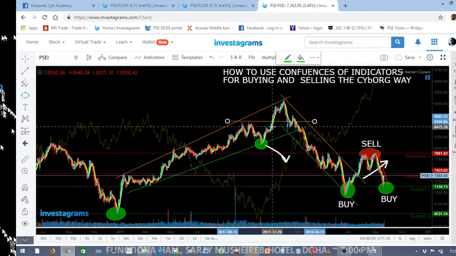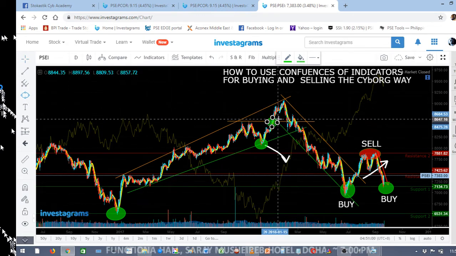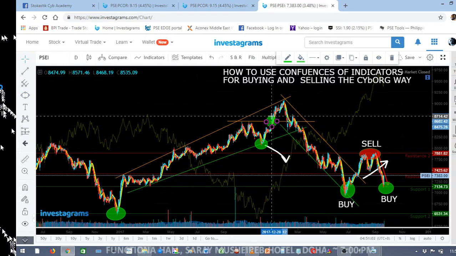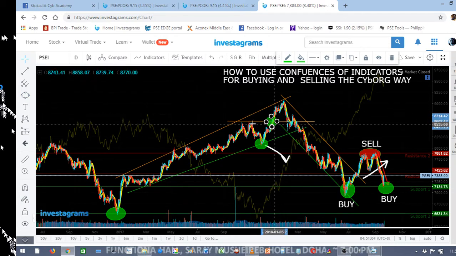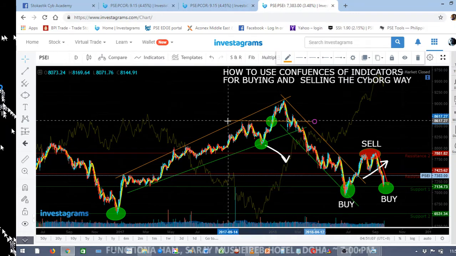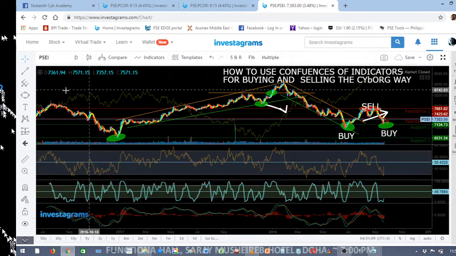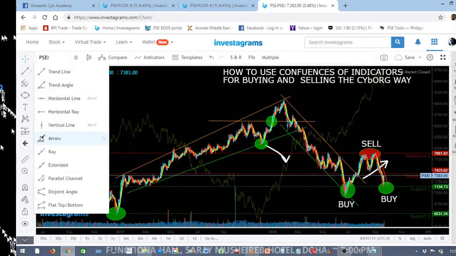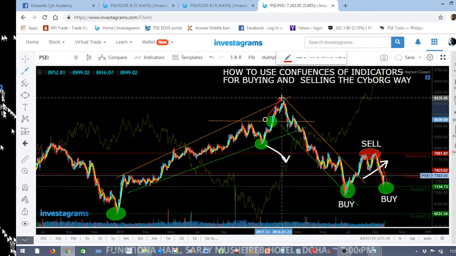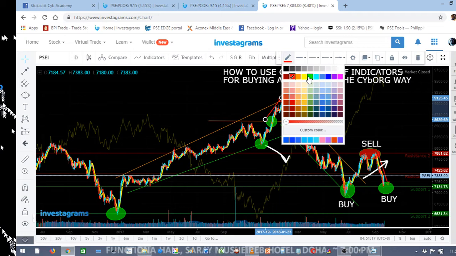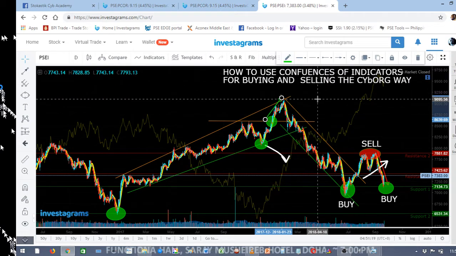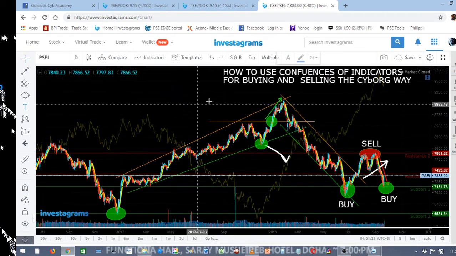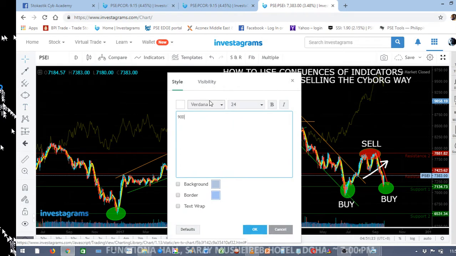When the candlestick pierces up this trend line, the stock went up abruptly to level 9,000 approximately per share.